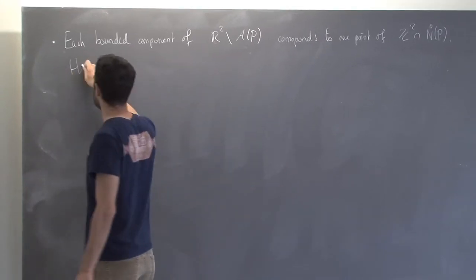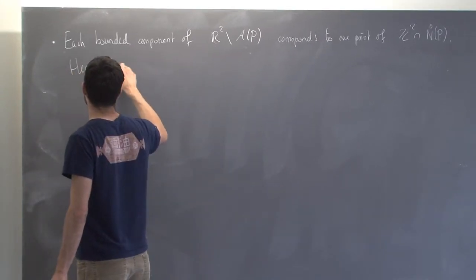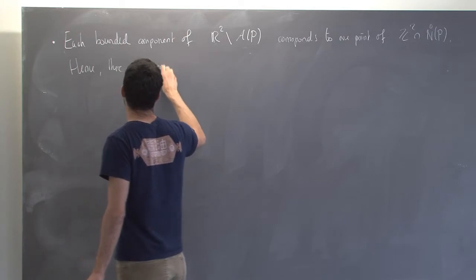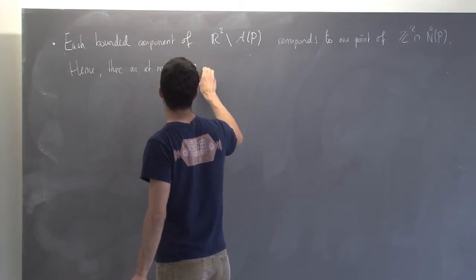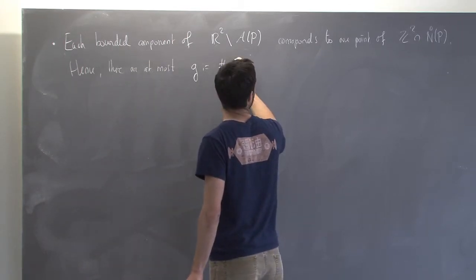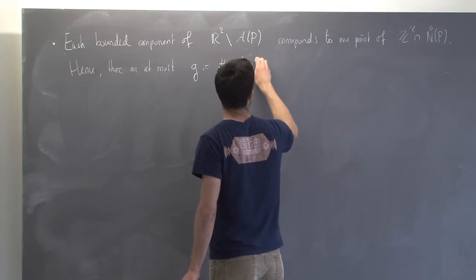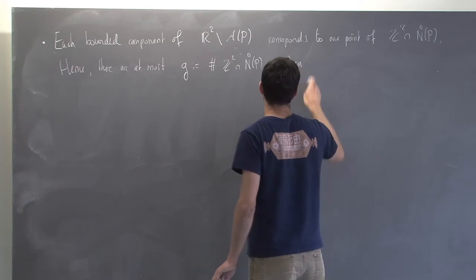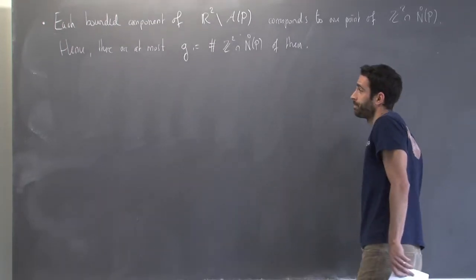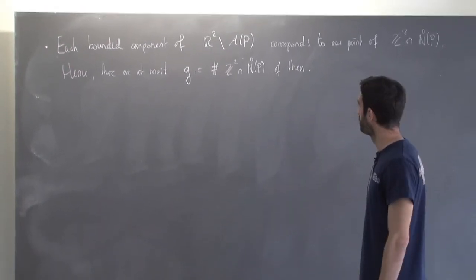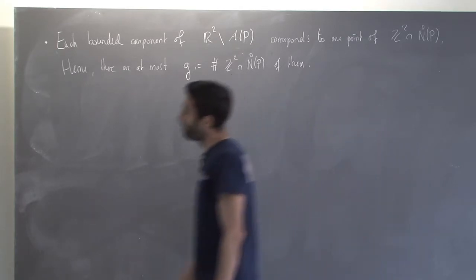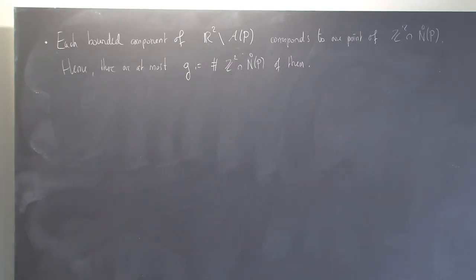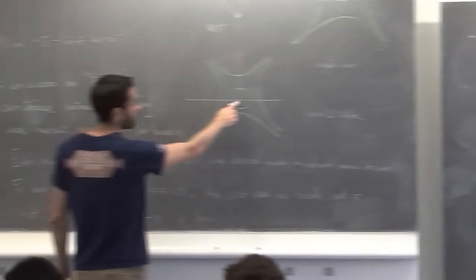Hence, there are at most G bounded components, where I denote by G this number of points. Okay, in the third example, it's exactly what happens.